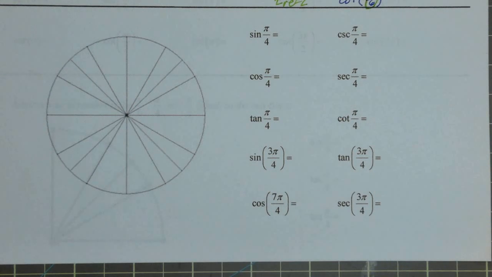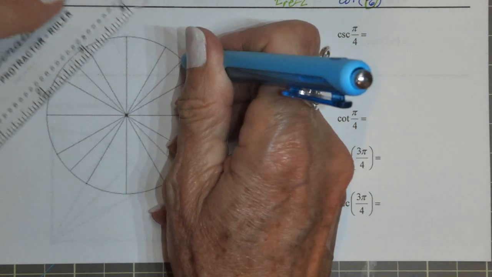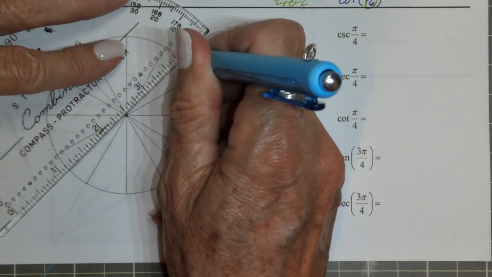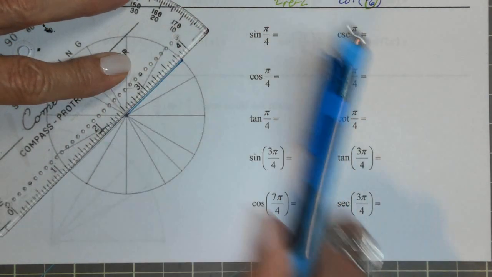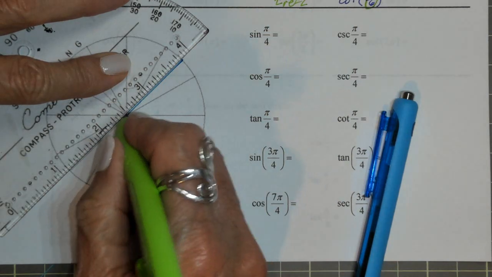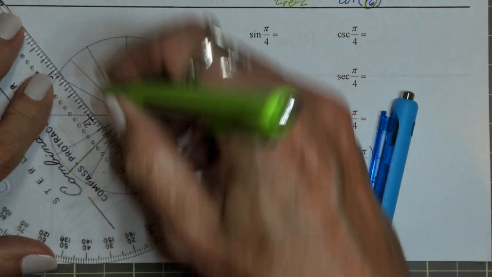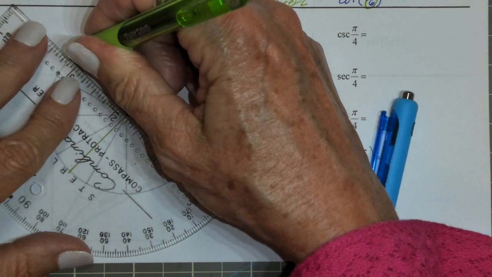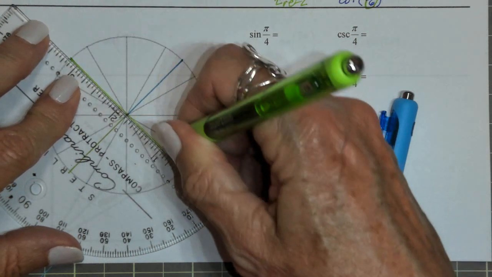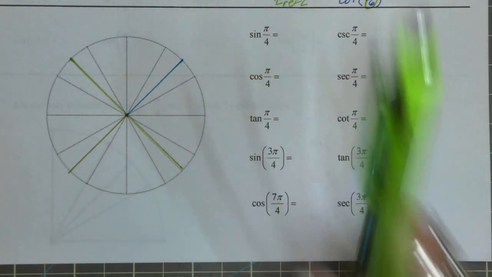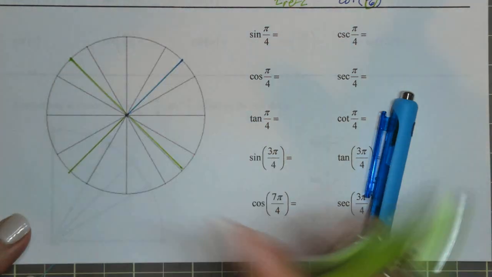Let's take a look at the pi over 4 angles. Get our pi over 4 angles here. Let's see.